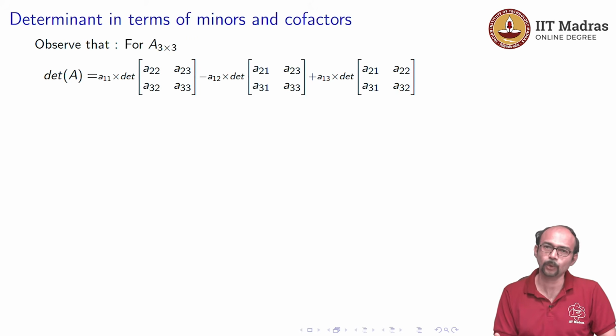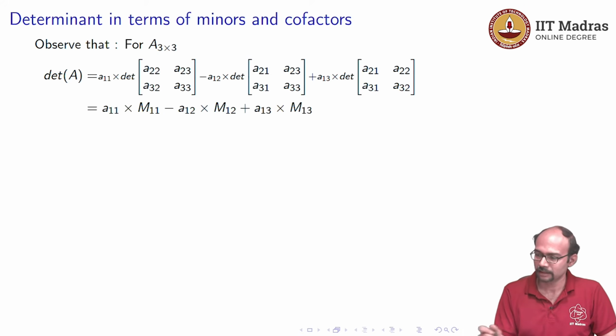But that is exactly what we called the minor, right, and then minus A12 times the determinant of A21, A23, A31, A33. So, you deleted the first row and second column and then took the determinant, but that is exactly what we call the 1 2th minor, and then similarly for the third term.